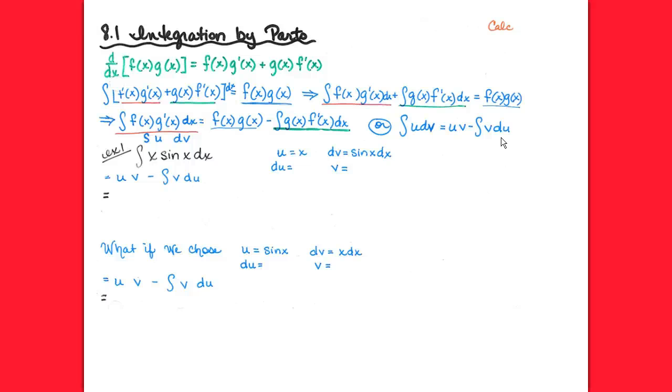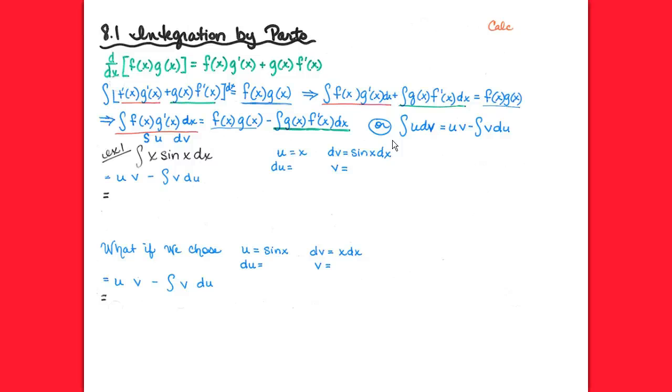So if I call f of x u and I call g of x v, then this would be the integration of u times the derivative of v. That's what you see right here. And that would be equal to original function u times original function v, so that's right here, uv, minus the integration of original function v times derivative of u, so v du. Just a little more concise way if we replace f of x with u and g of x with v.